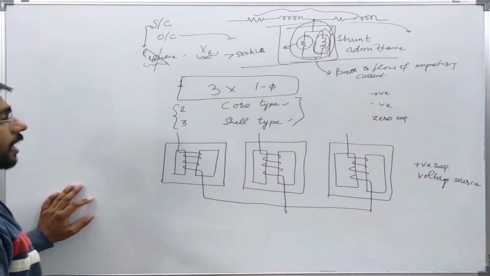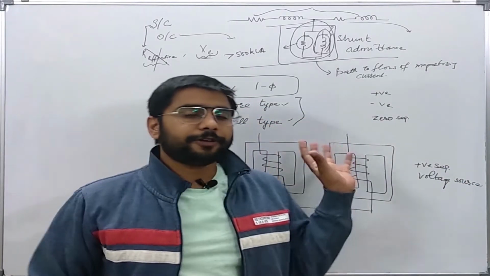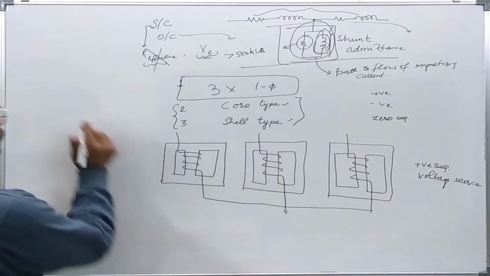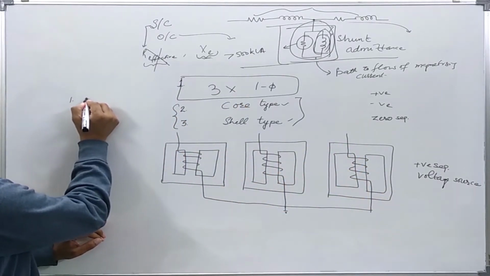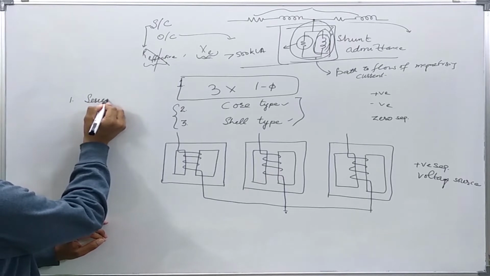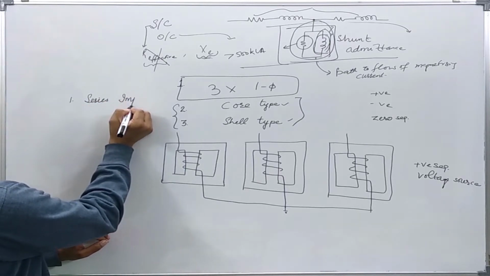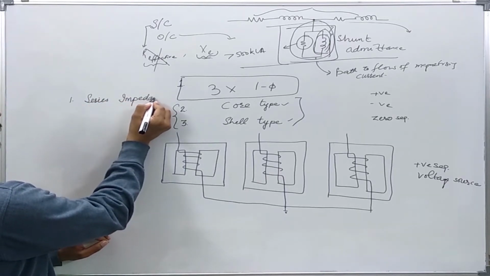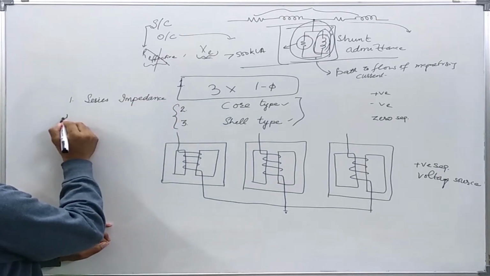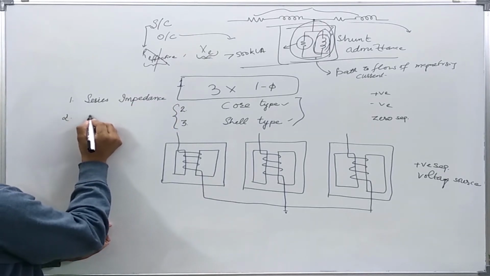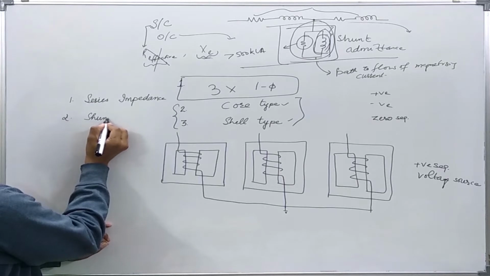Now in this discussion we will discuss two parts. First will be the series impedance, and second one is the shunt admittance.